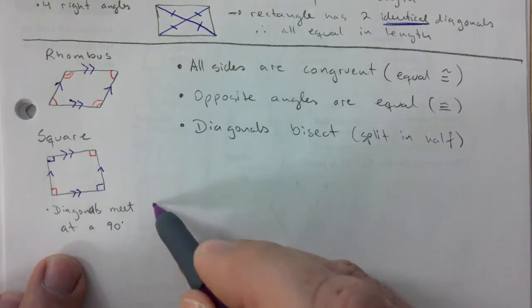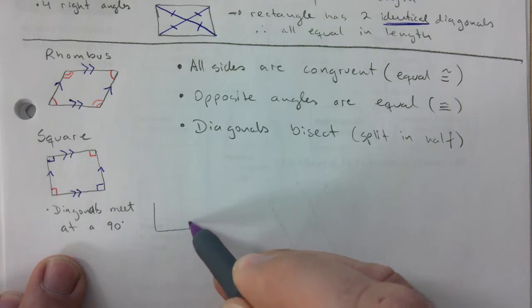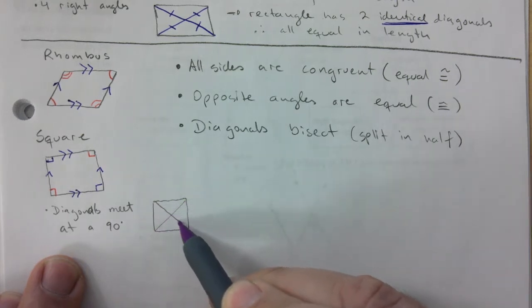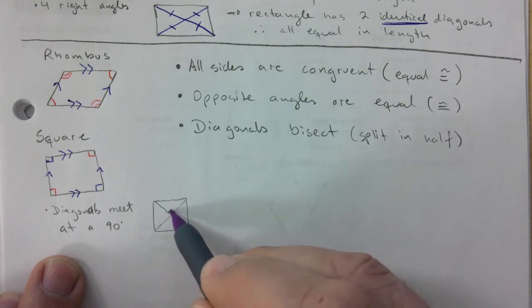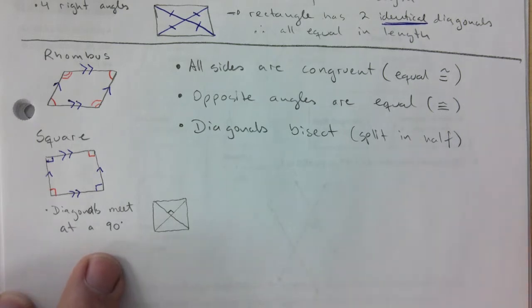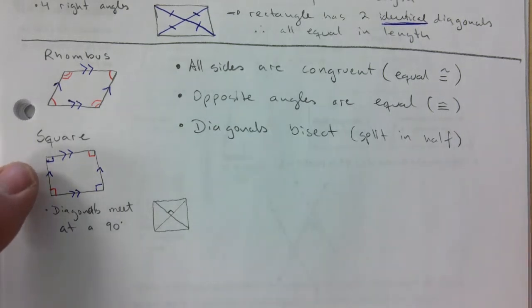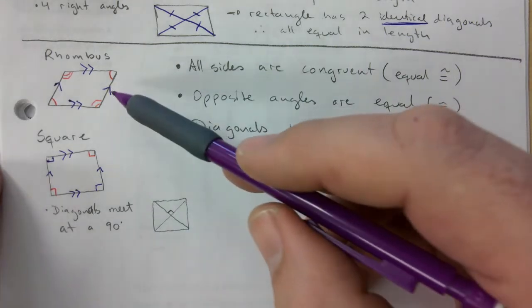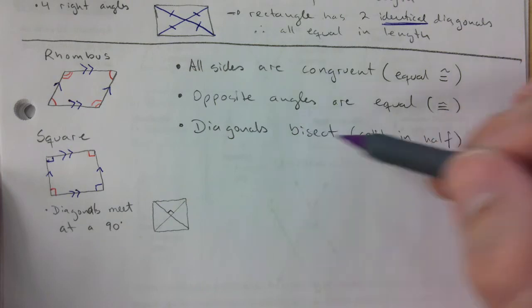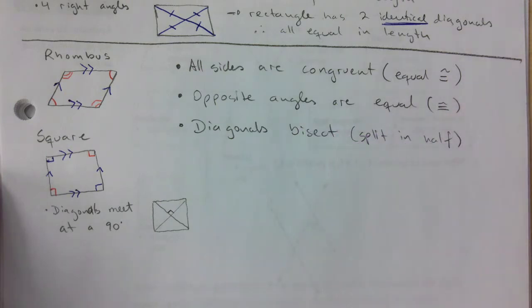And we'll do a little square here just to reiterate that point, is that if you have diagonal and diagonal, they actually meet at a 90 here in the middle. They're perpendicular. Okay, that's very specific to a square. That is not the case with a rhombus. Okay, but that the diagonals bisect each other, that is true.